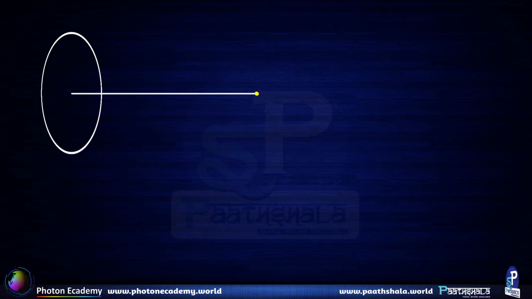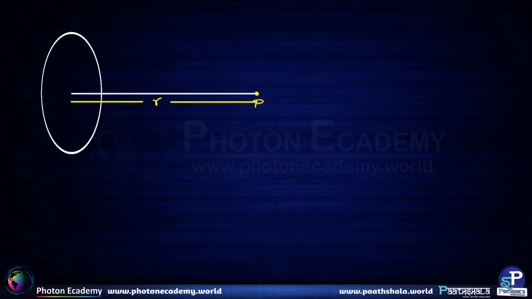Let's say the distance of the point P from the center of the ring is small r. The radius of the ring is assumed to be capital R.